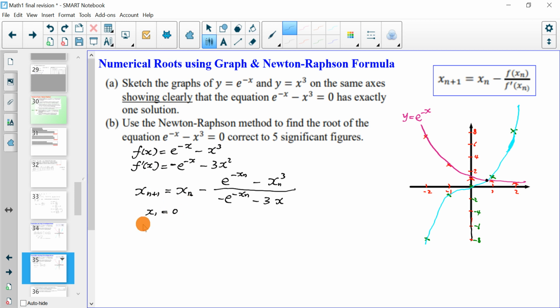And therefore, my next x, which is my x2, is going to be, so rewriting this whole formula, simply put 0 instead of xn everywhere.